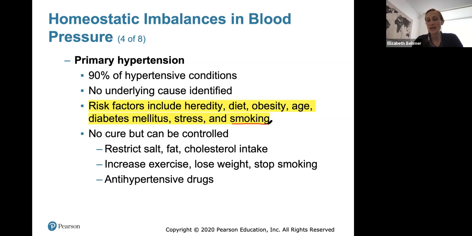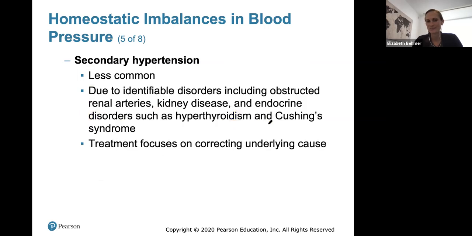There's no cure, but it can be controlled by restricting salt, fat, and cholesterol intake, increasing exercise, losing weight, stopping smoking, and using antihypertensive drugs. Secondary hypertension is less common. It's usually due to a disorder, including some sort of obstructive renal artery, kidney disease, or endocrine disorder.